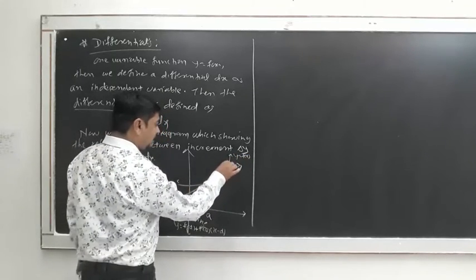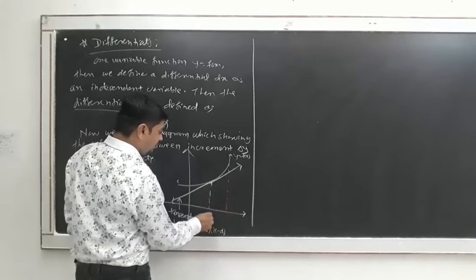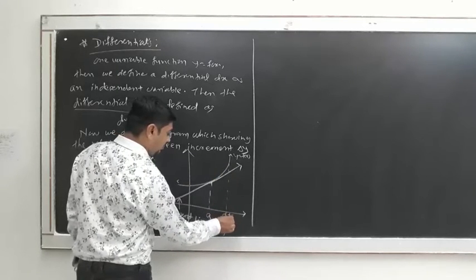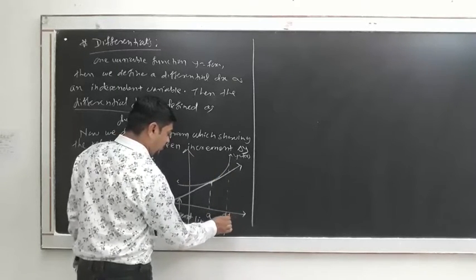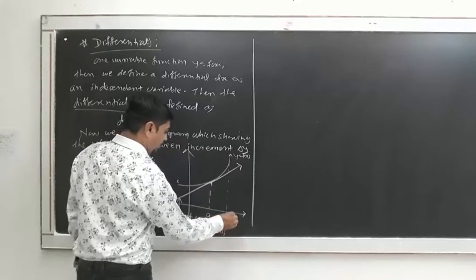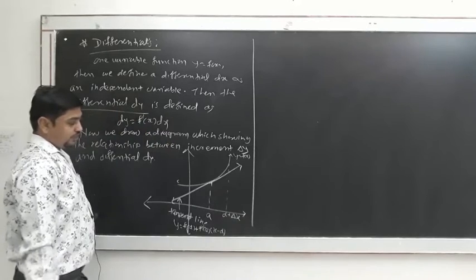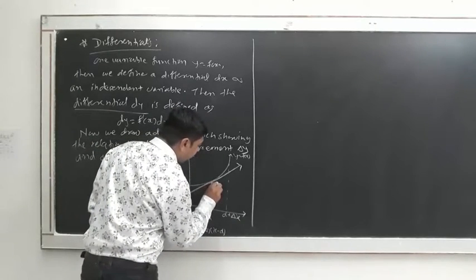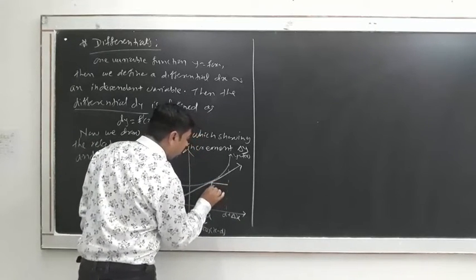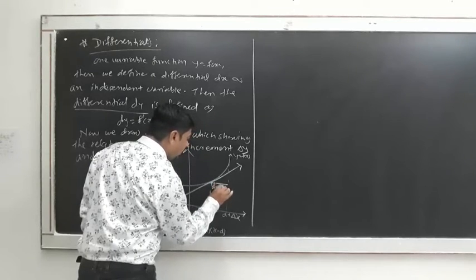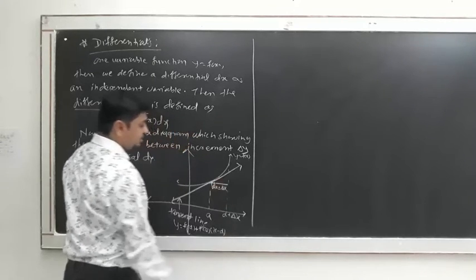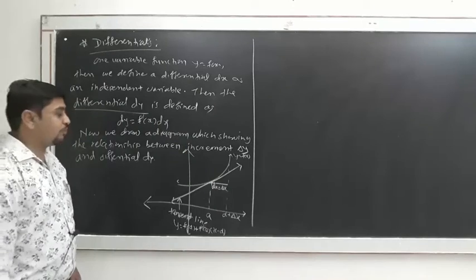Suppose we are taking the change, that is the change in a is a to a plus delta x. Now we define this as our dx is equal to delta x, both the distance.